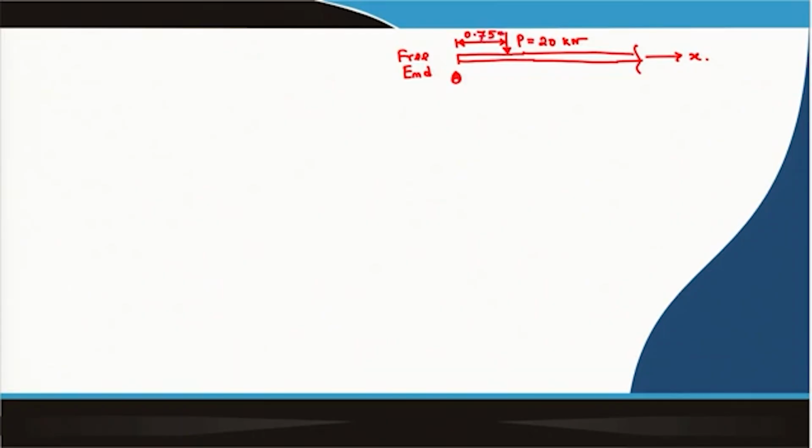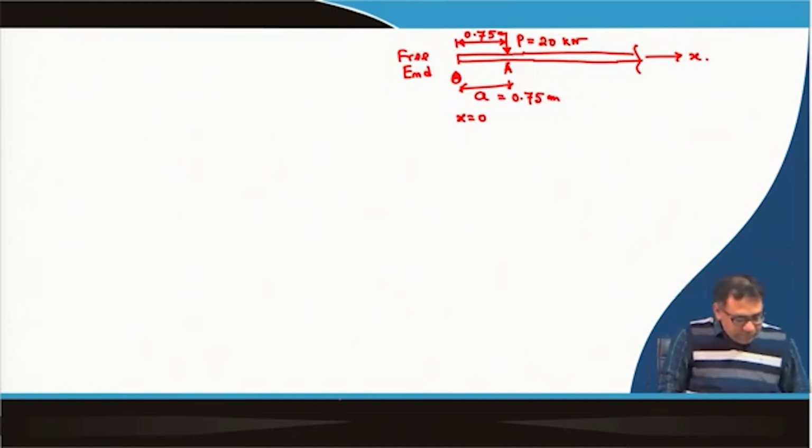That means A distance. So, A is 0.75 meter. This point is capital A where the load is acting, but in this case for the semi-infinite beam, that free end is considered at x equal to 0.